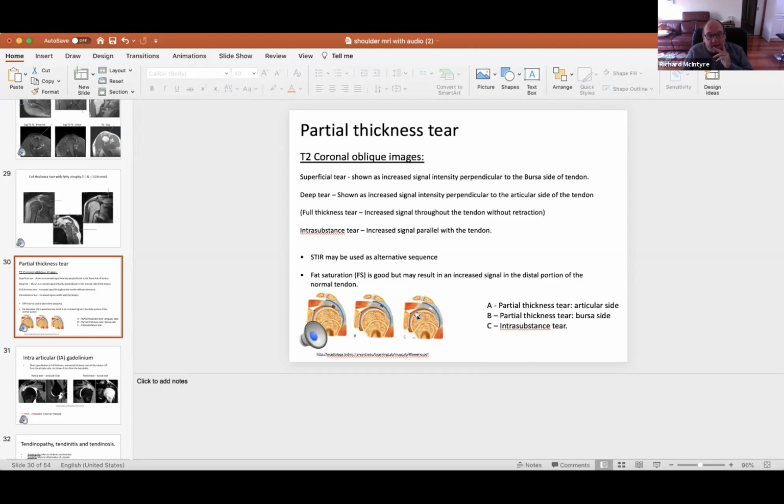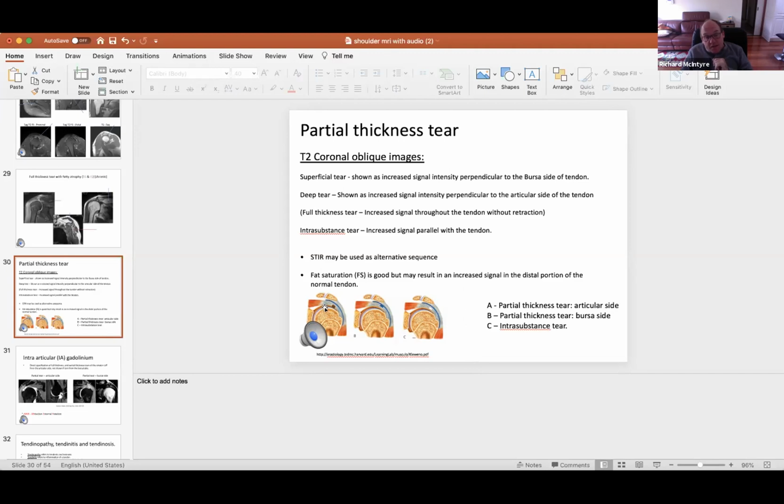That contrast is injected into the synovial joint space. One of the clinical indications of intra-articular contrast is to show a rotator cuff tear, but a rotator cuff tear on the articular side.